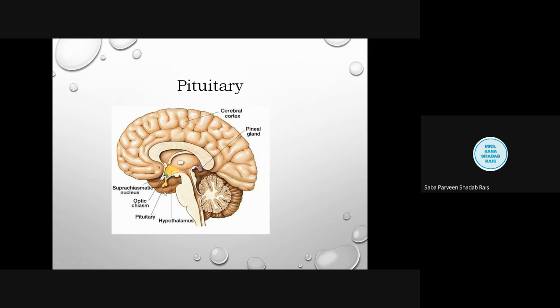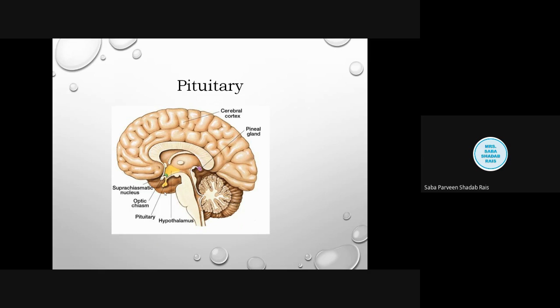Now see, the pituitary gland has an anterior part and a posterior part. The anterior part is totally different from the posterior part. Do you know why? Because their origin is totally different. The anterior part has two subdivisions also, which we will talk about later, but this anterior part is made up of the dermal buccal cavity.